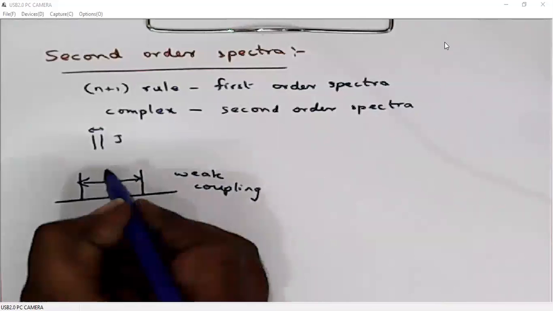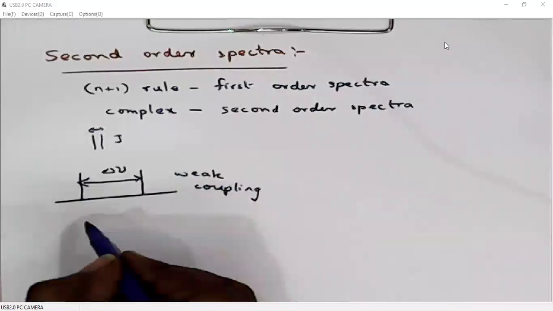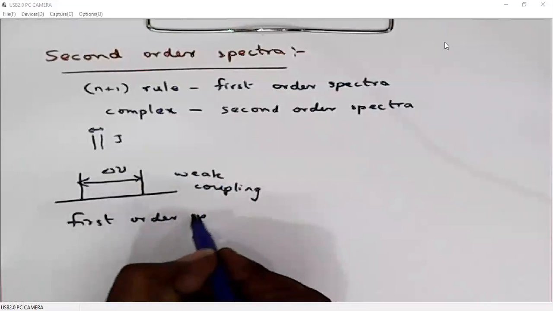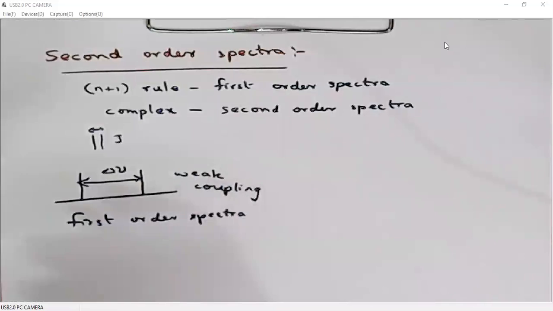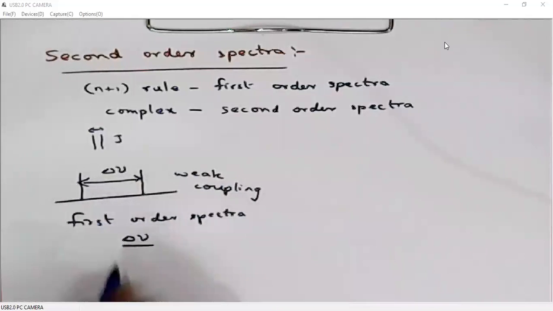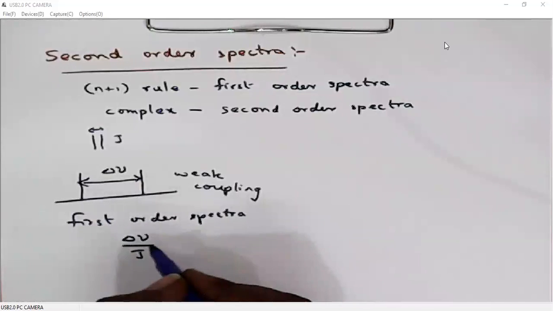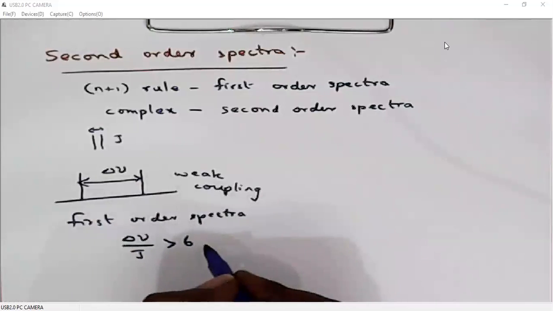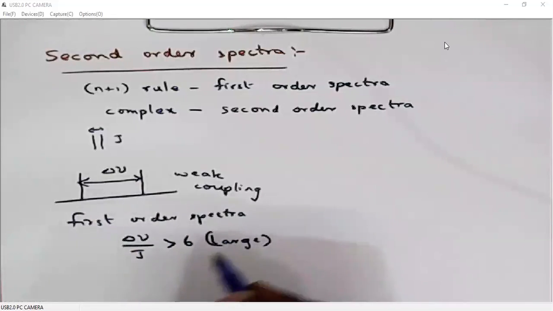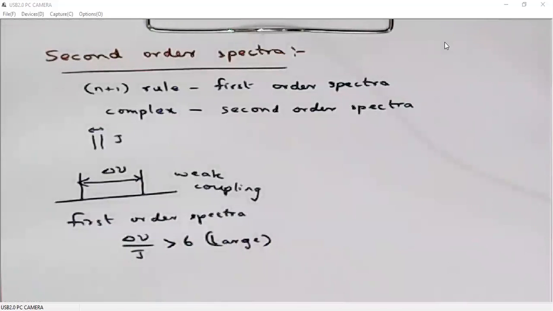Then it is called first order spectra. In terms of numbers, the delta difference between these two divided by the coupling constant, if it is more than 6, it is a large value. If it is more than 6, it is a first order spectra.